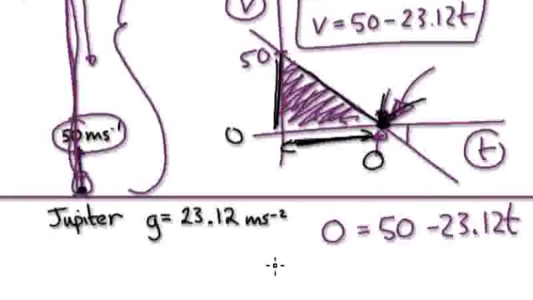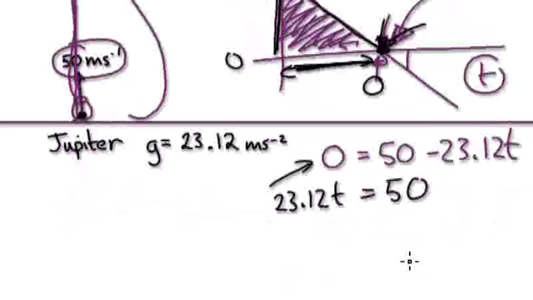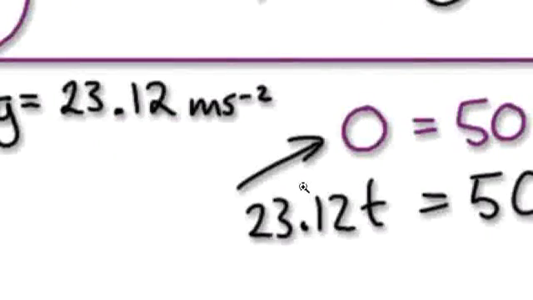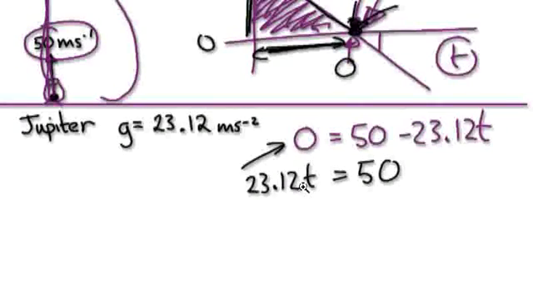So now we've just put 0 into the v. Now try and find t here. Add this term to both sides, so it will be 23.12t equals 50. Now divide both sides by, oh sorry, hang on, bear with me.